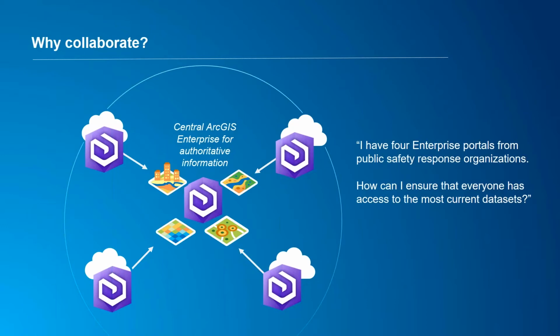Or this might be a regional disaster response where folks are coordinating around damage assessment or road closures or sharing the latest imagery. In these scenarios, you're creating trusted collaborations between multiple ArcGIS Enterprise organizations and sharing that content. And then everyone has access to the most current data sets through that collaboration.